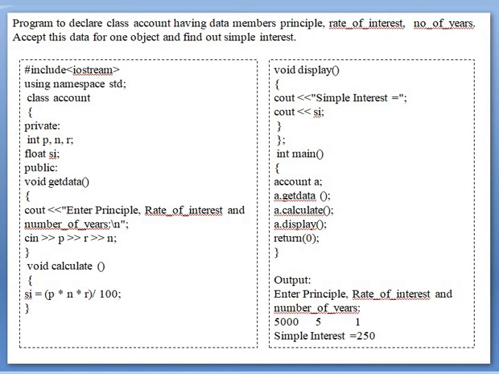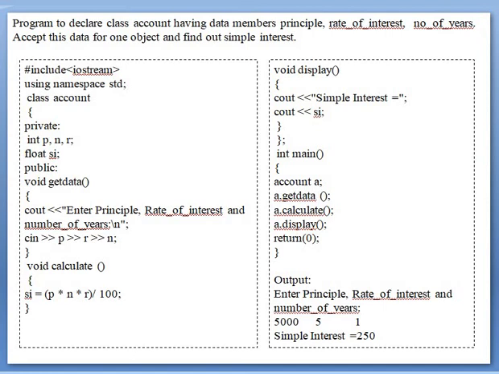If you clearly understand the concept of classes and objects, you can create the class. It is a very simple process. They give the class name in the question itself, that is account, so we have to create the class account. They also provide us the data members, so we declare the data members. For calculating, we require one function.